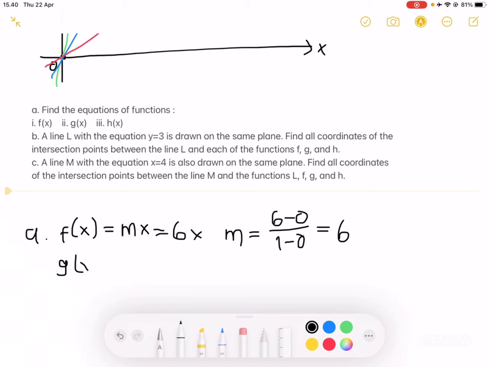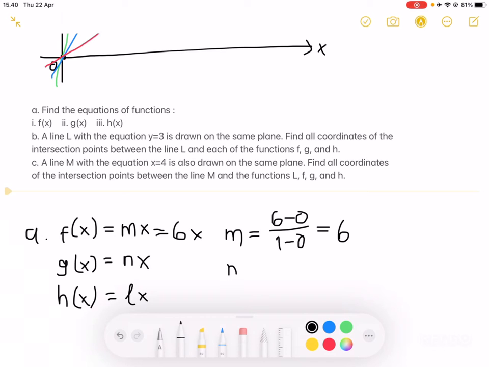Again, the same for g of x and h of x. So let's just name these with other letters except m, so n and l.